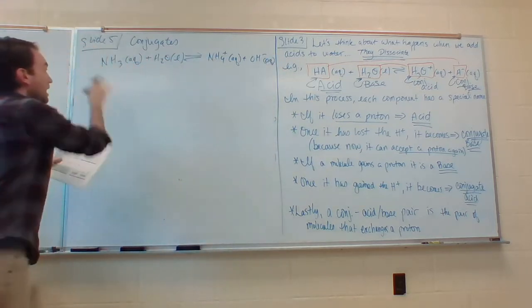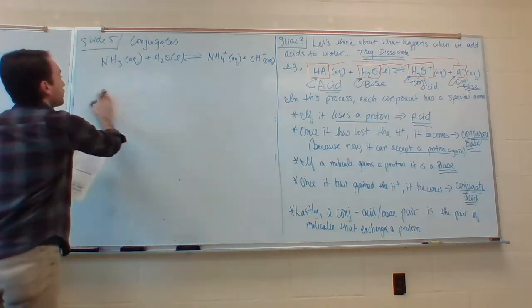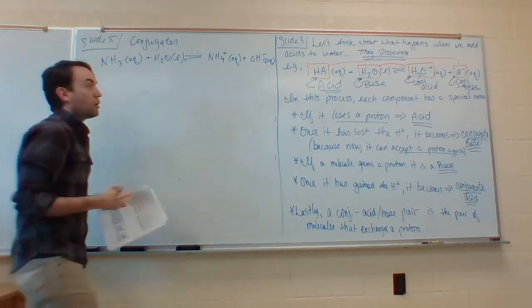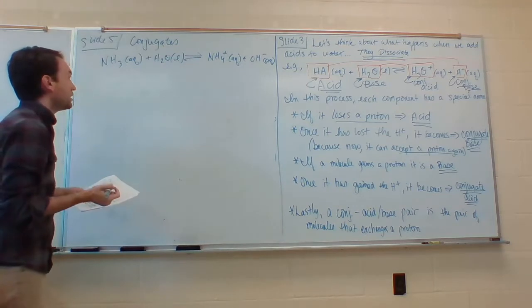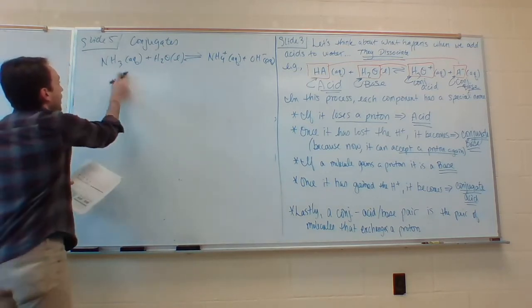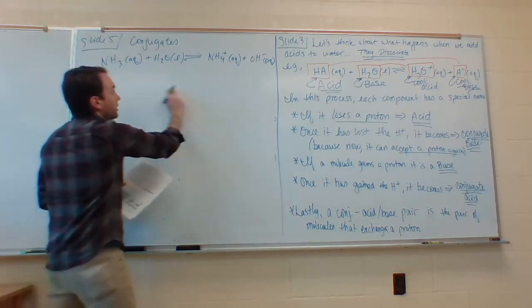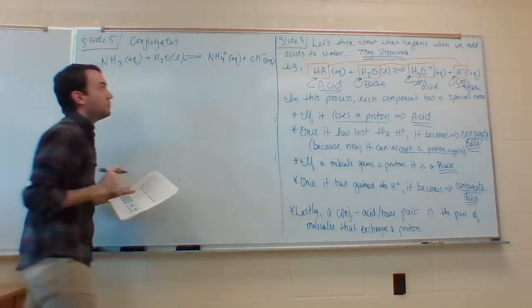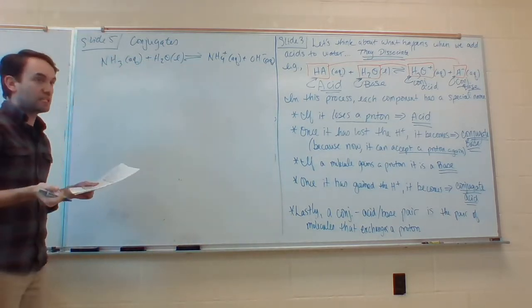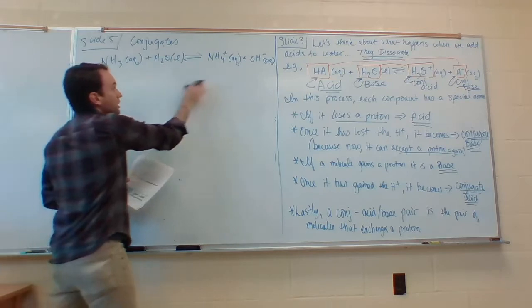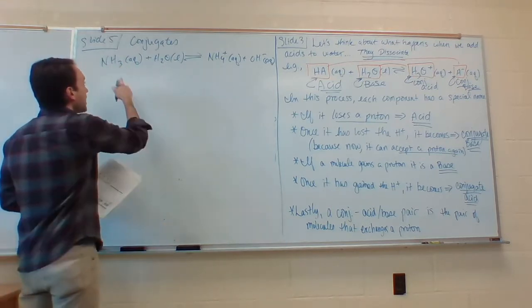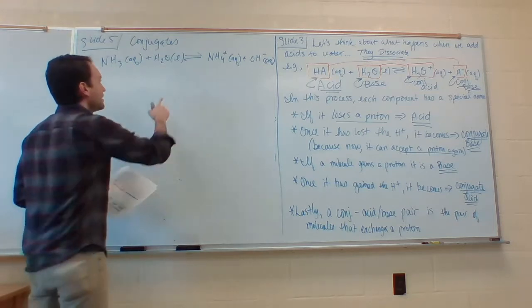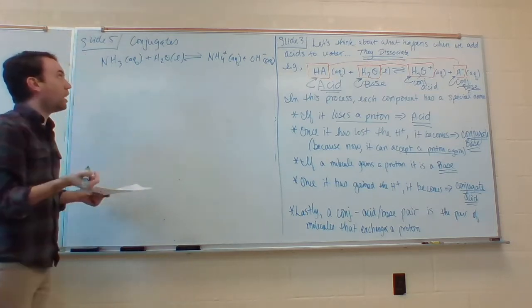Now in this particular reaction, if it loses a proton in the process, it's an acid. When I look at NH3 and I go to the other side, notice that it became NH4 plus. So did this one lose H plus? No. In fact, it gained one. We'll talk about that in a second. Notice that we have our H2O.